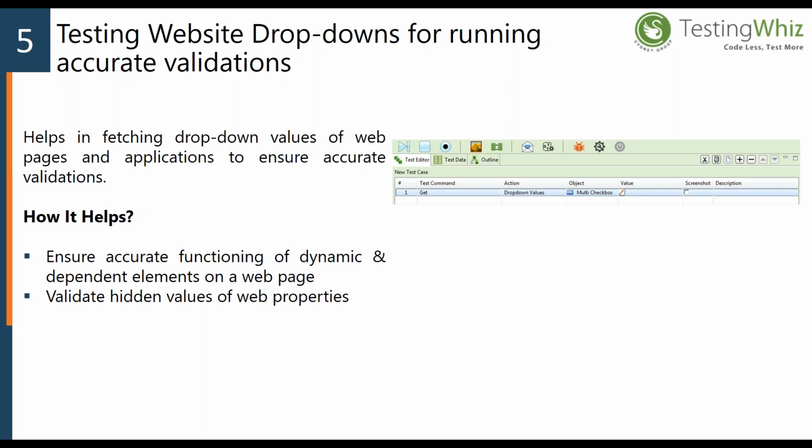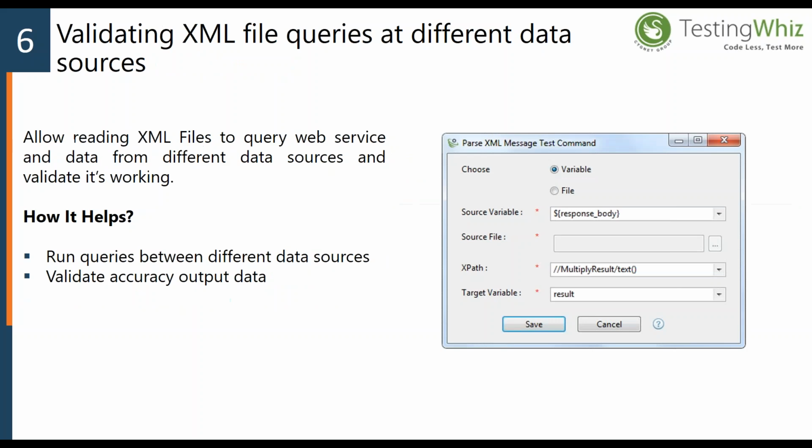Whatever country you select would determine the drop down values of the state drop down. So it will help you understand what all drop down values are present inside the next drop down, and then you can choose to separate or select any of the values from that drop down. That helps in dynamic handling of such scenarios.